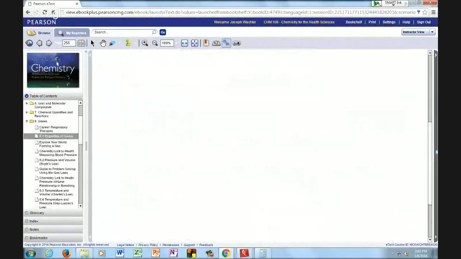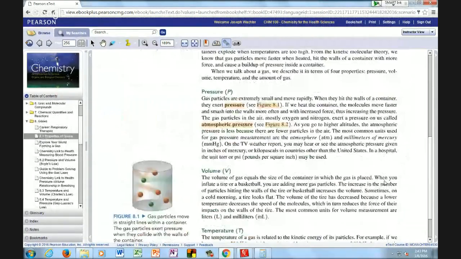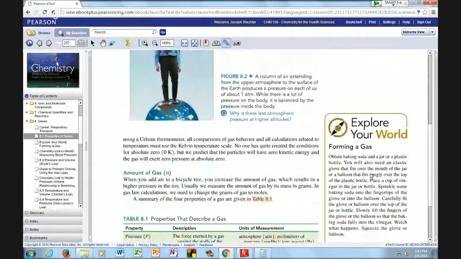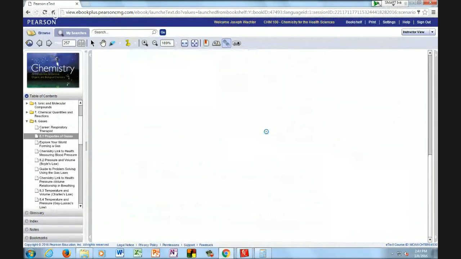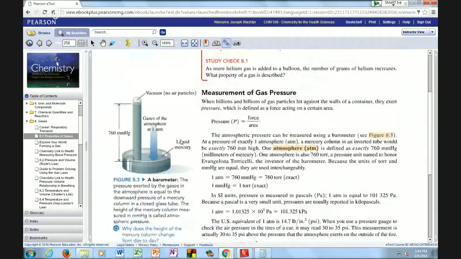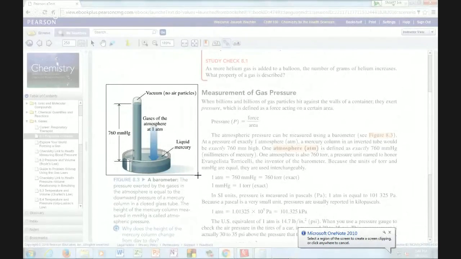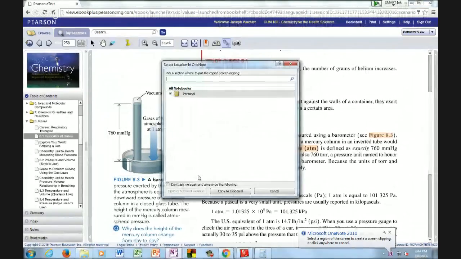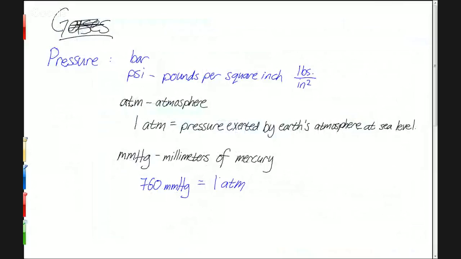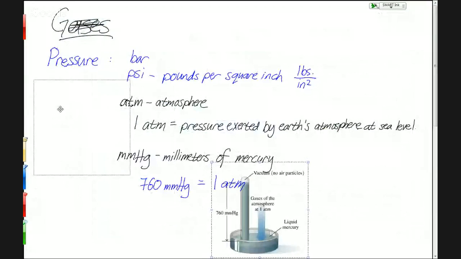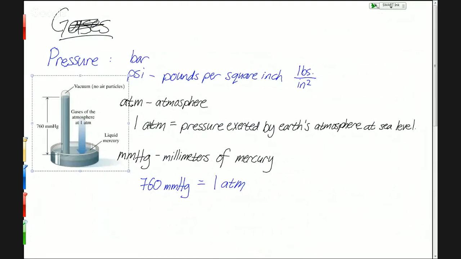Hopefully they have a picture here so I don't have to draw it. Yeah, here it is. We'll put that in there.